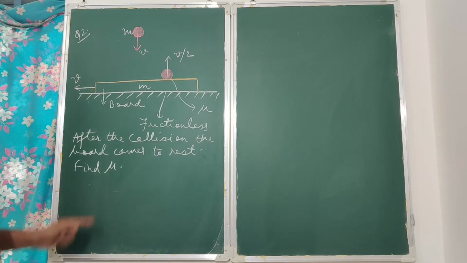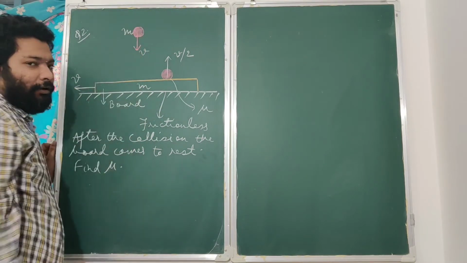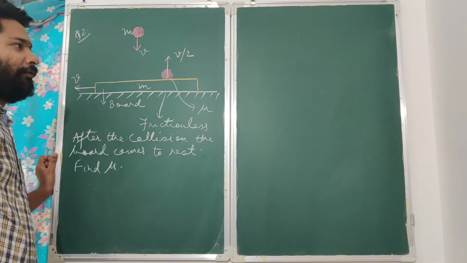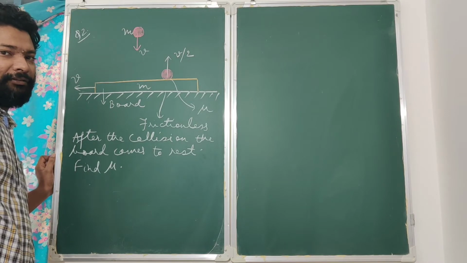We have been asked to find the value of mu. What will be the value of mu? How do we solve this? Now you see, if this ball is falling vertically downward, there is some external force which is acting on this.